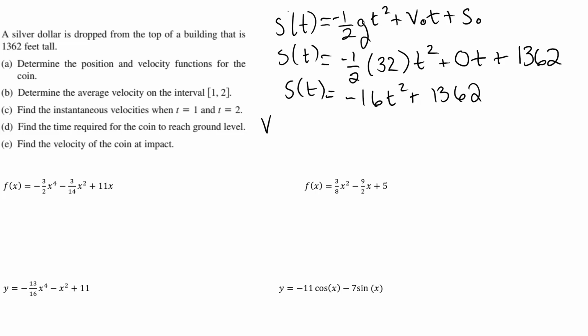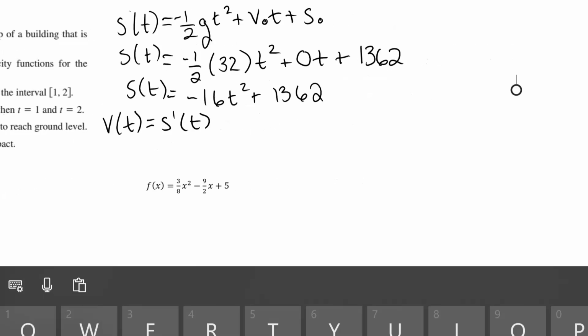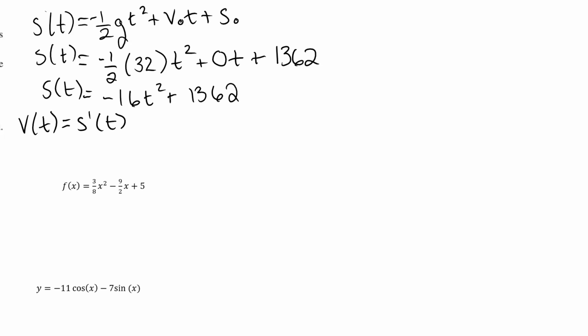Our velocity function is going to be the derivative of our position function. So for this, we're using two derivative rules. We're looking at the power rule, which says we take down the exponent and we make the exponent one smaller. And we're looking at the constant rule, which says the derivative of a constant is 0.